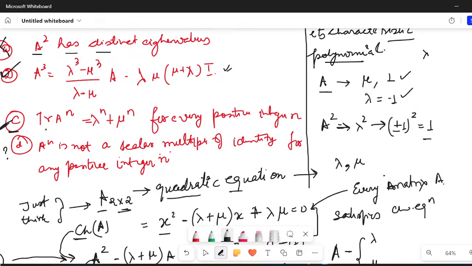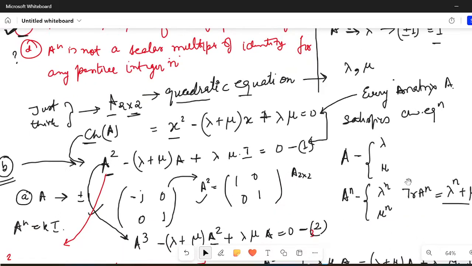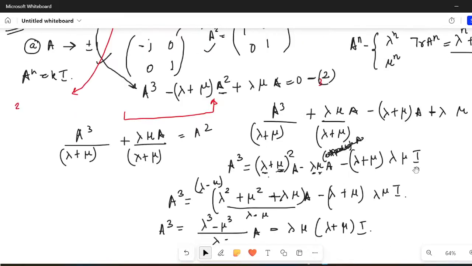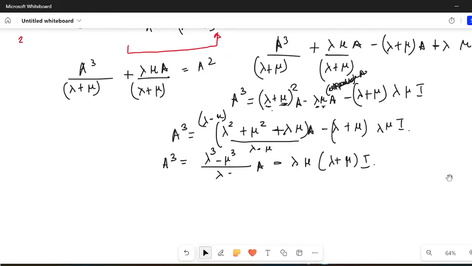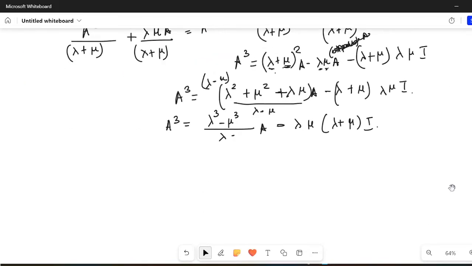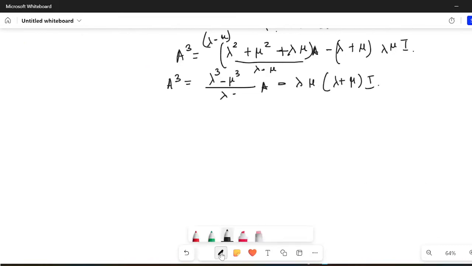Now let us move to an important topic which is called the Cayley-Hamilton theorem.